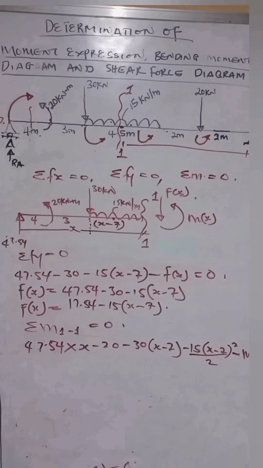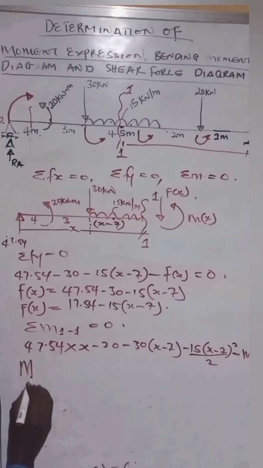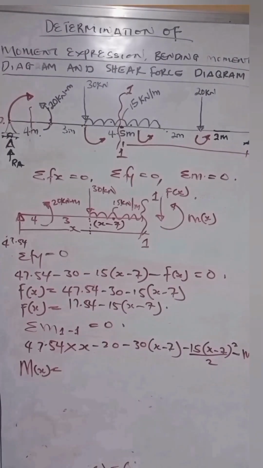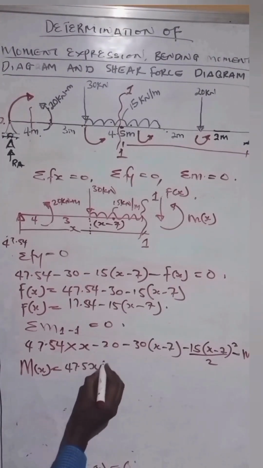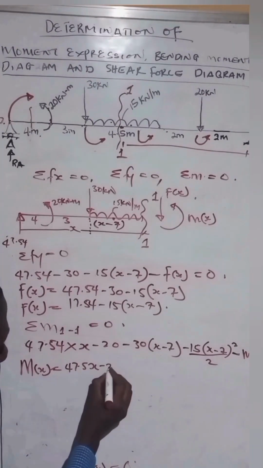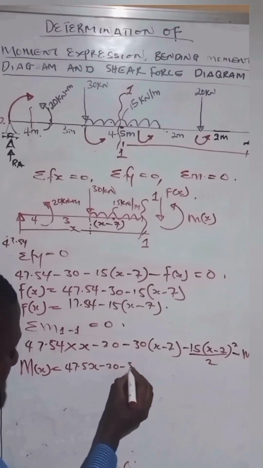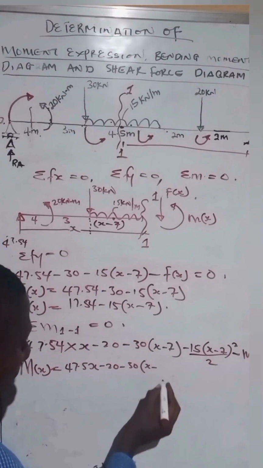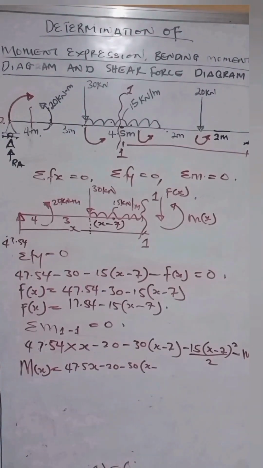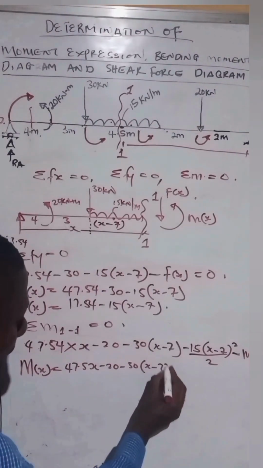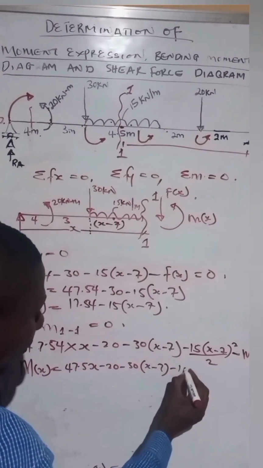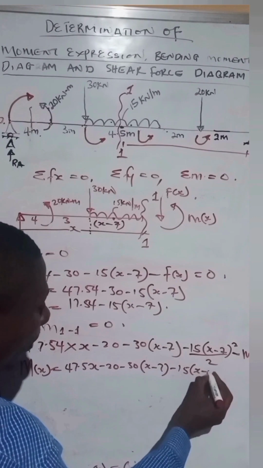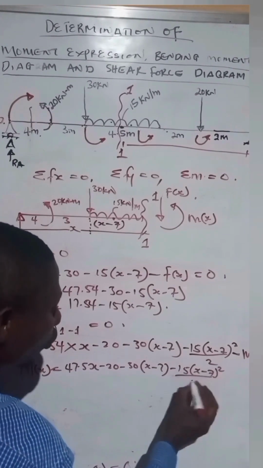All right, so if we continue, we're going to have our moment expression M of x become 47.5x minus 20 minus 30 times (x minus 7), then minus 15 times (x minus 7) all squared over 2.